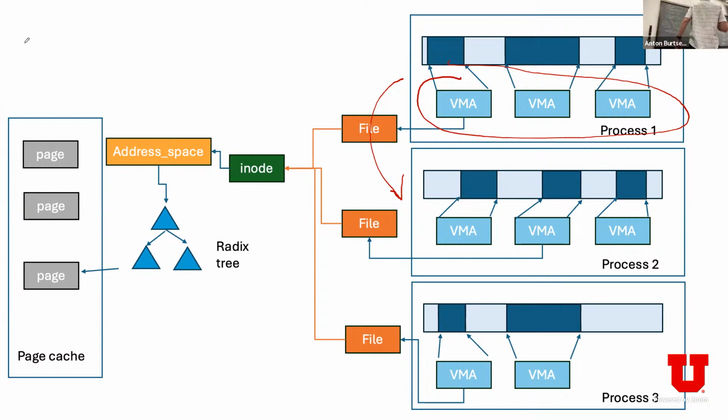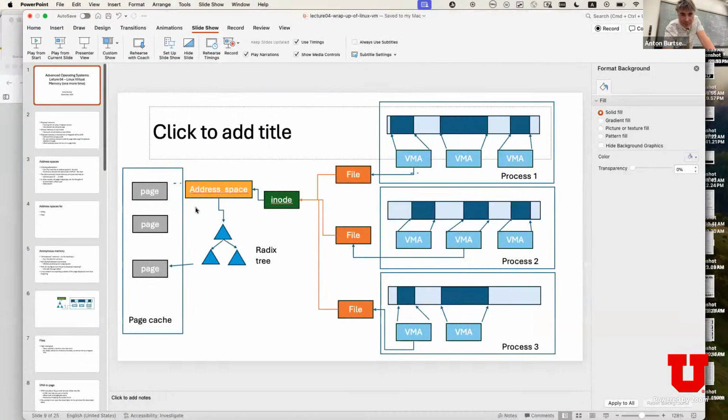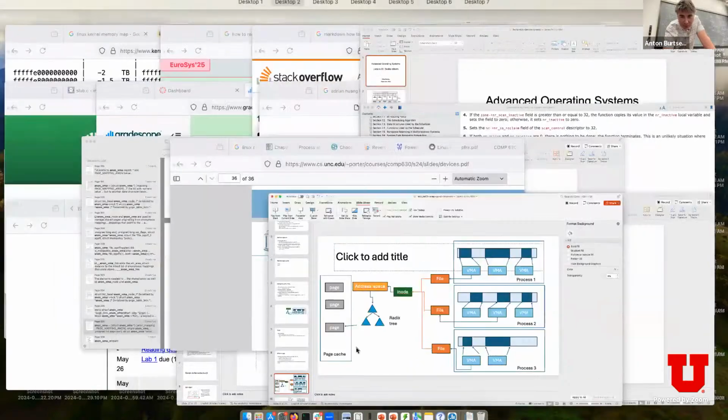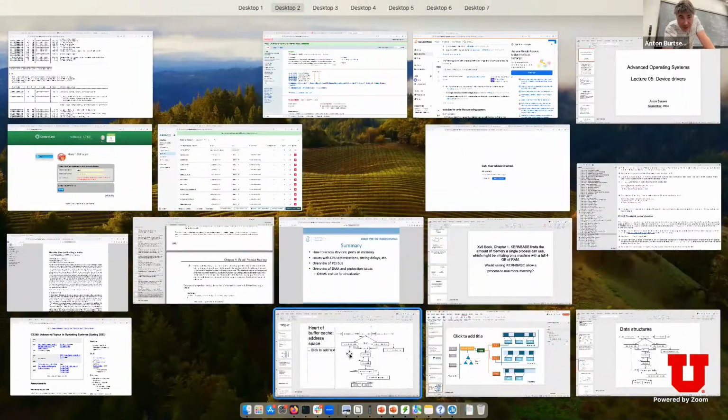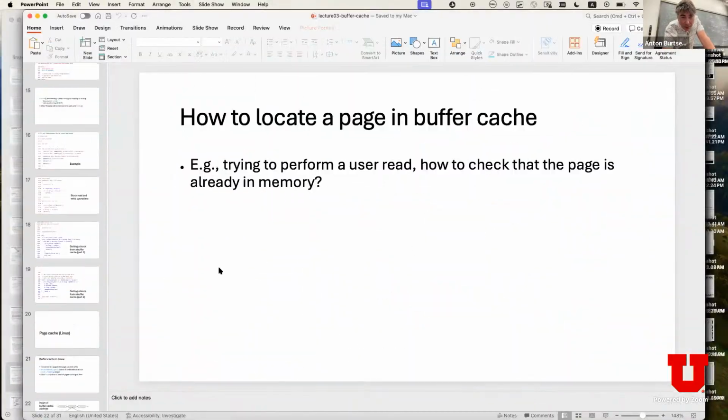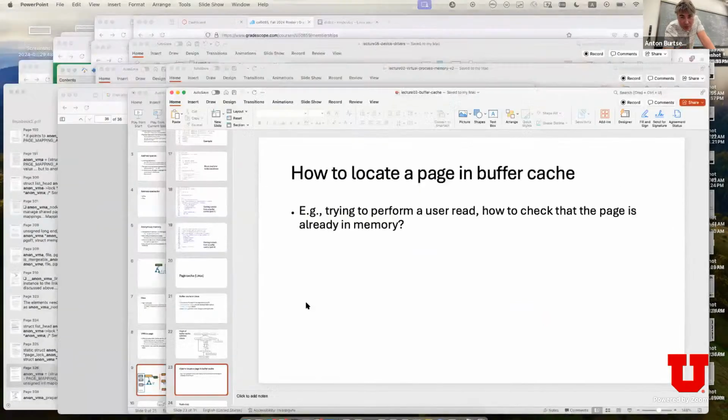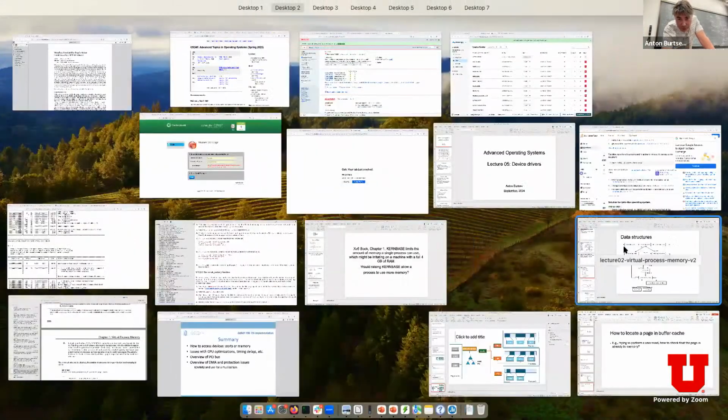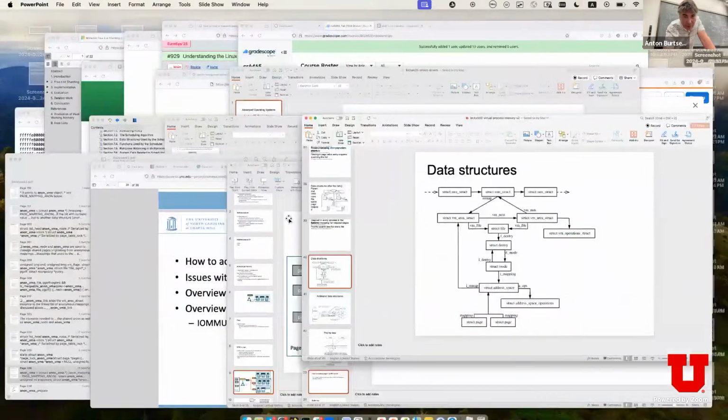So, okay, imagine... And I forgot, I have a slide for this. Let me just quickly find it. I don't have it here, but I had it last time. This one. Buffer cache, no, it was in lecture 2. Lecture 1, lecture 2, this one, right?